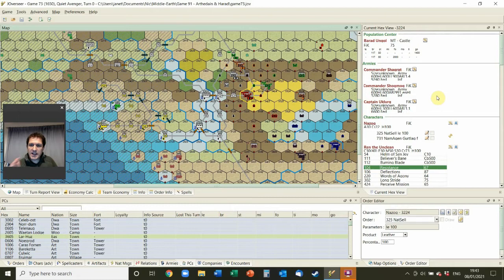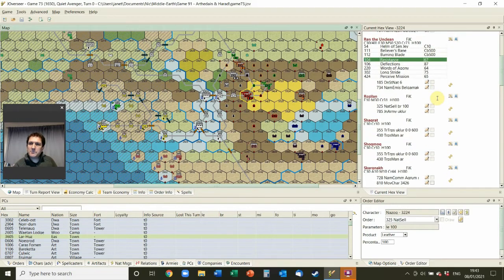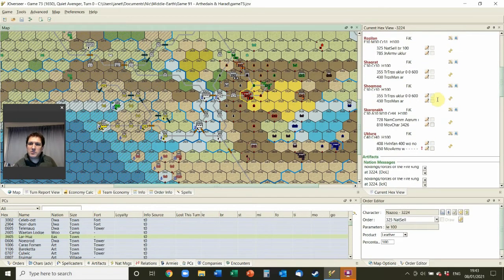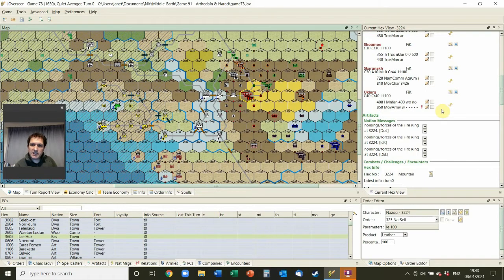That's where you can edit orders. You can also do army movement here. I really love the army movement function in JOverseer. This is because I used to fill it out by hand, and the number of times I would get confused and I would put down west instead of east, and my army would just head off in the wrong direction. It was a common error.